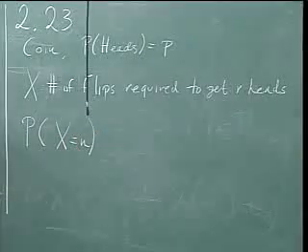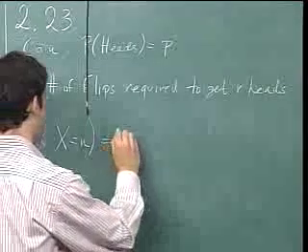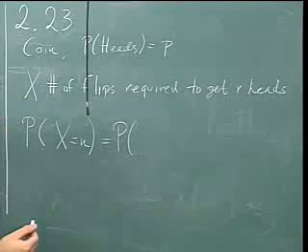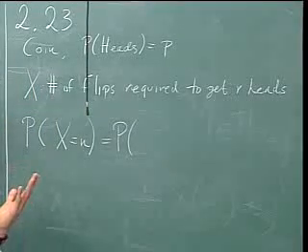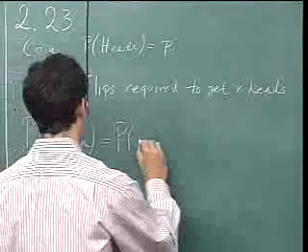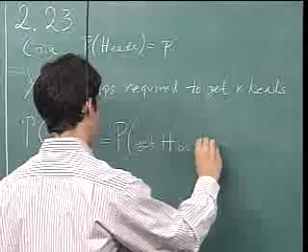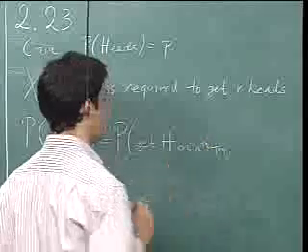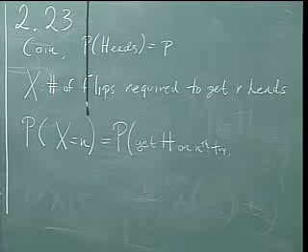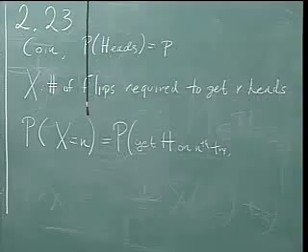So let's see, what would this probability be? Well, we can analyze this as the probability of what has to happen. We have to get heads on the nth try, right? So it's heads on the nth try, and then out of the previous n minus 1 tries, we have to have exactly r minus 1 heads.